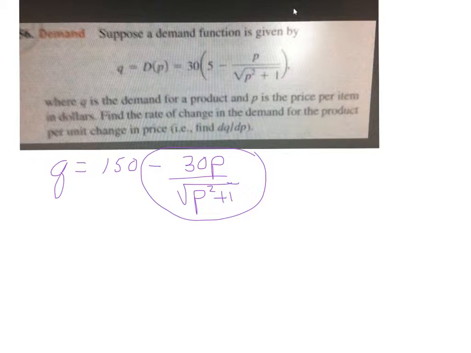The other alternative is to use derivative rules, and I don't know if you've learned them yet. And this one would be the quotient rule. Because we would have one term which is the negative 30p, and the other term which is this bottom denominator function that we would put into the quotient rule and find the derivative.